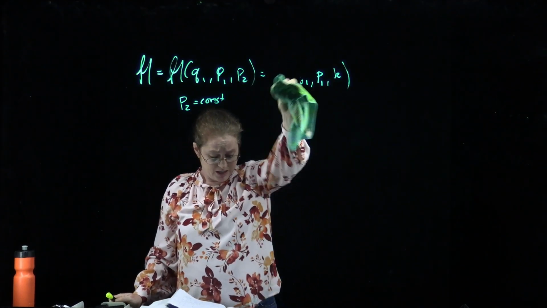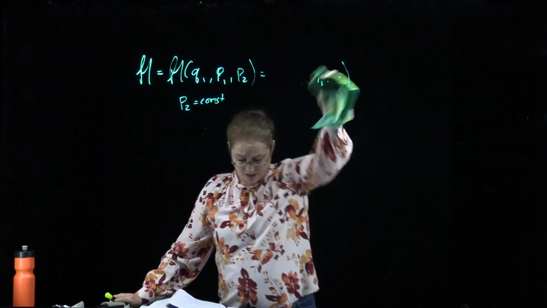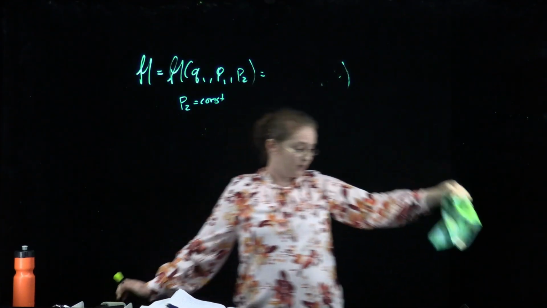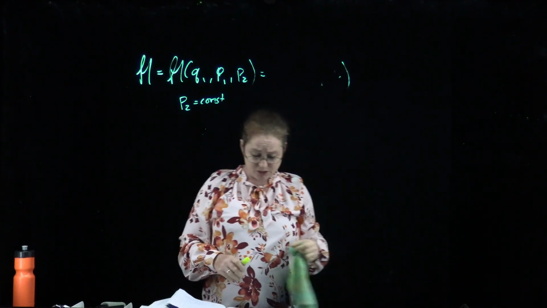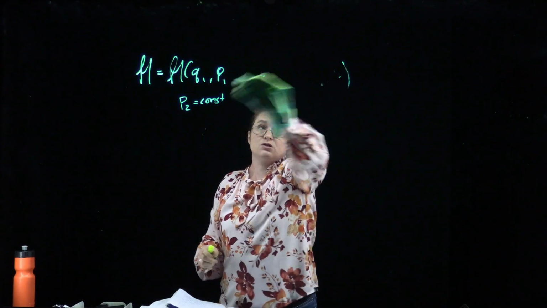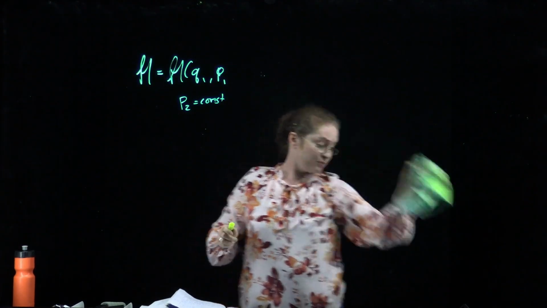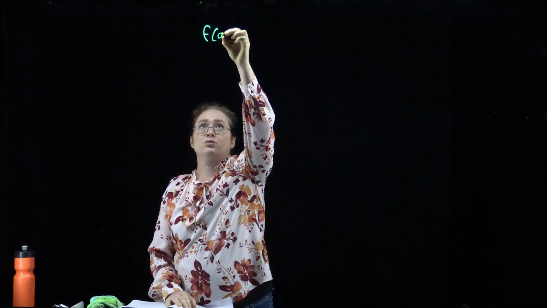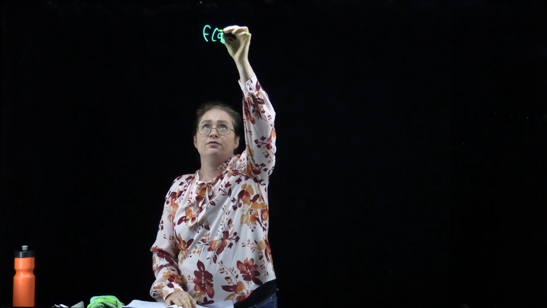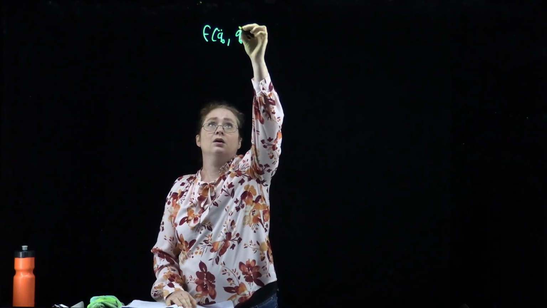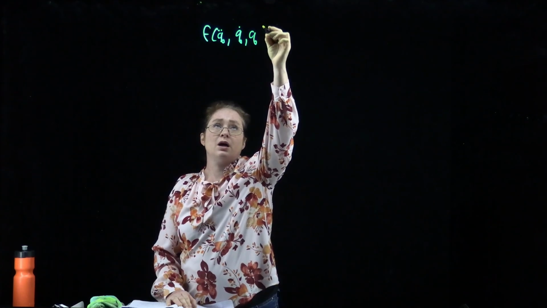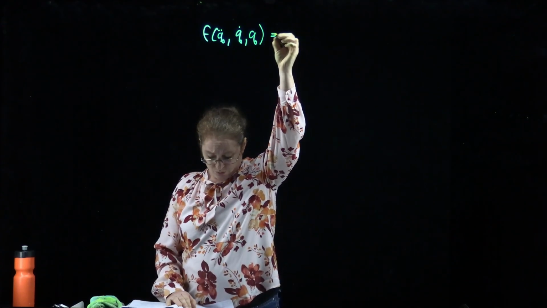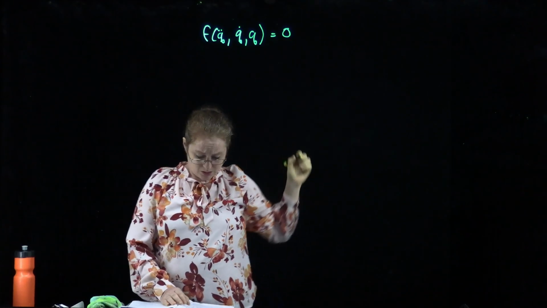Now, we can compare in greater detail Hamilton's equations versus Lagrange's equations. In Lagrange's approach, if we have 1 degree of freedom, the end result of this is a differential equation, which we can write as a function of q, q dot, and q double dot, which is equal to 0.